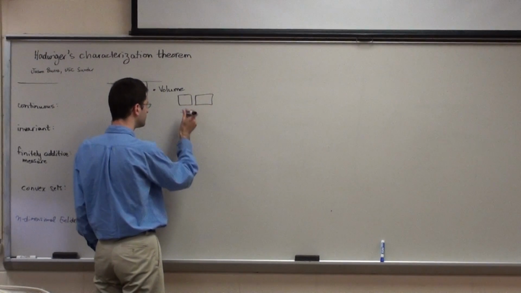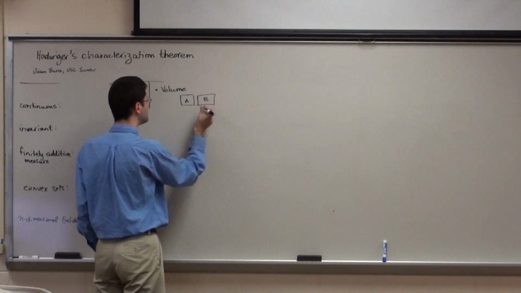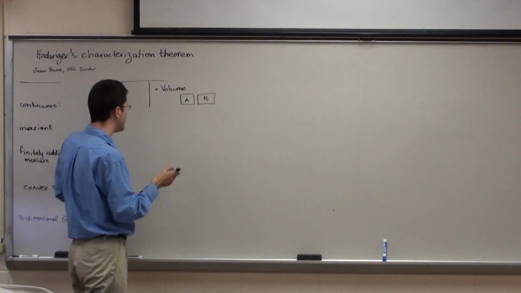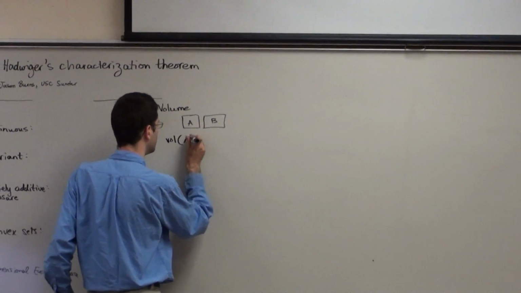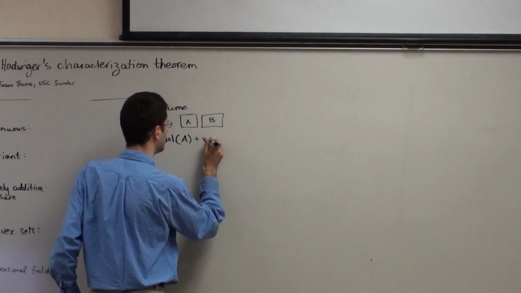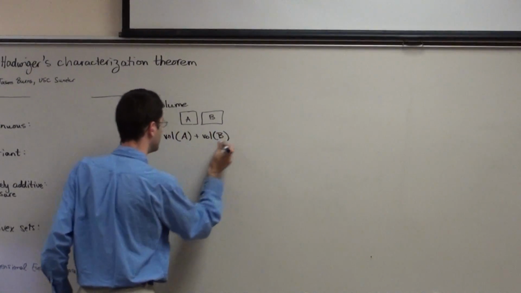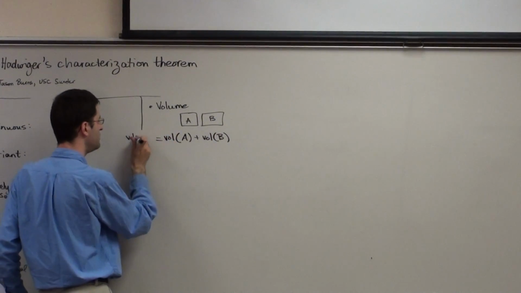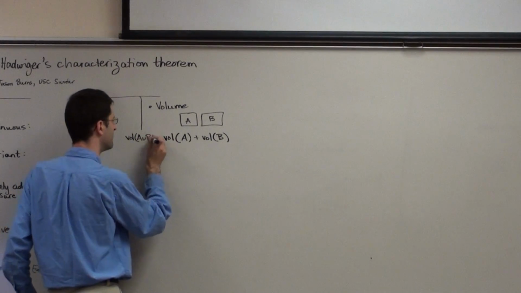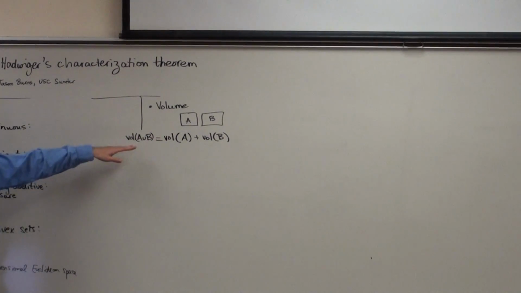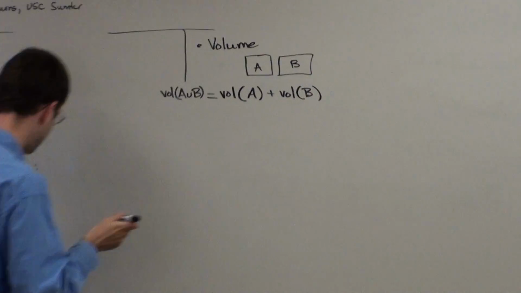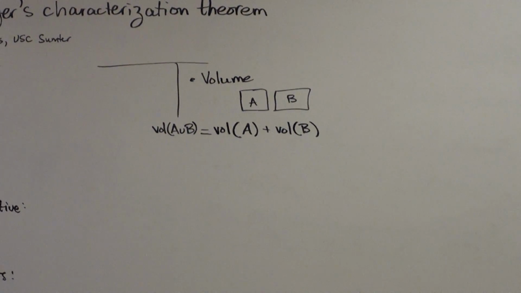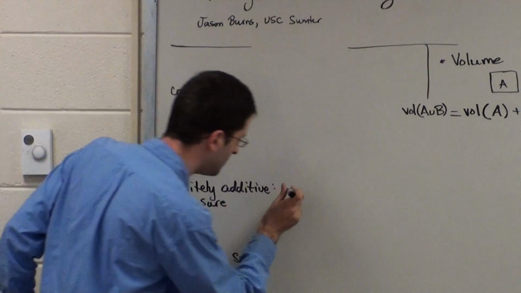If you take two things here, the volume of A plus the volume of B is the volume of their union. That's the basic idea of a measure. I'll use a fancy U symbol for the measure.